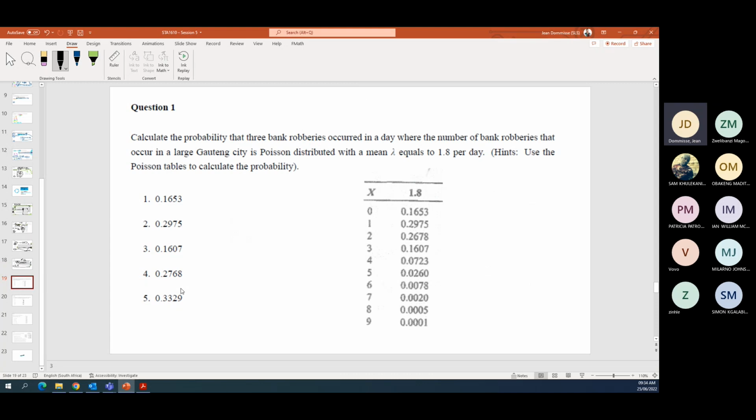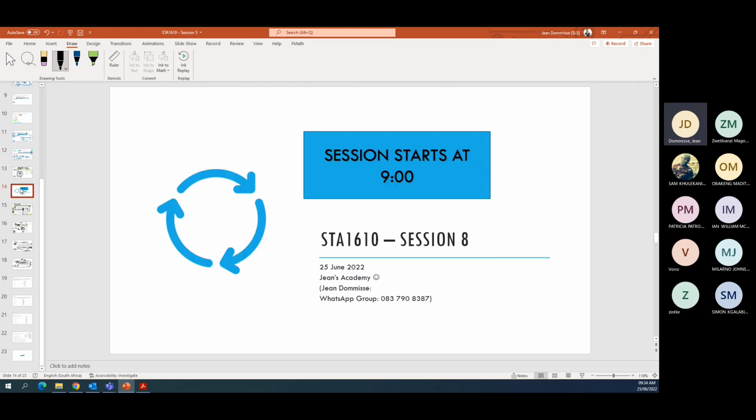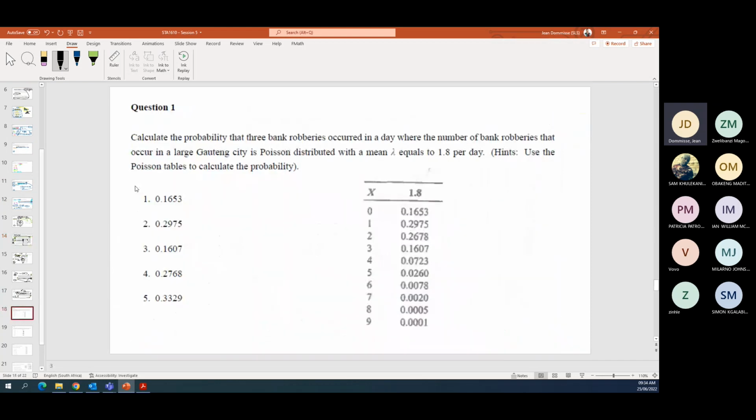Okay, so we've done binomial now. Let's go over to Poisson. The difference between binomial and Poisson, except for the tables, is you nearly get the same information, but with Poisson, there's always time involved.